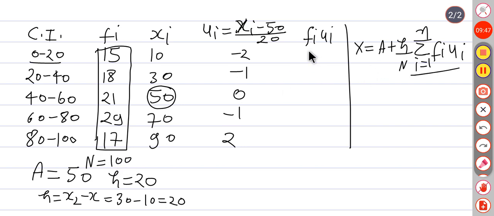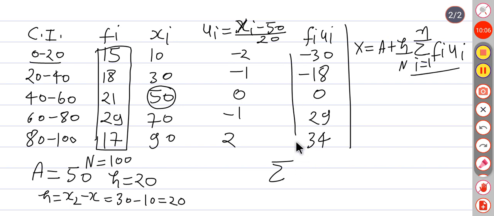So here fi ui, the first one would be minus 30, second minus 18, third 0 because ui is 0, thereafter 29, 34. If you add all the values, the summation over i from 1 to n fi ui would be equal to 15.